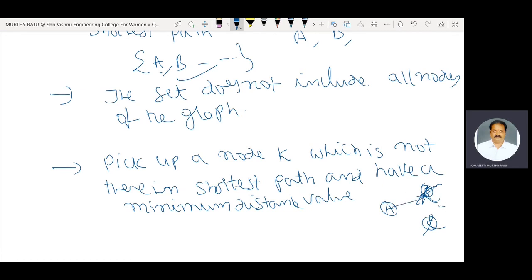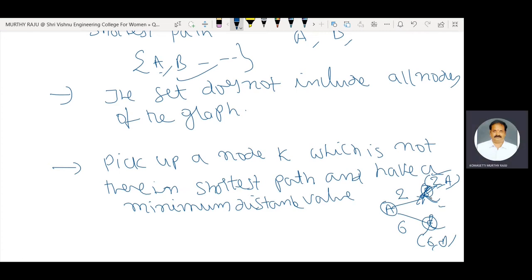That means the A to K edge is 2, and A to L is 6. This is the minimum distance value. 2 is the minimum distance, so K is placed here. The distance between K and A is 2.